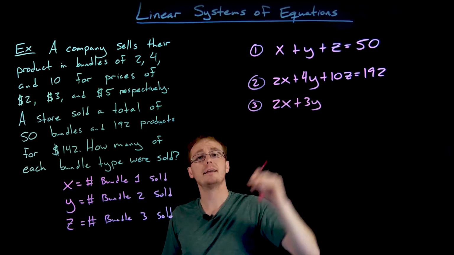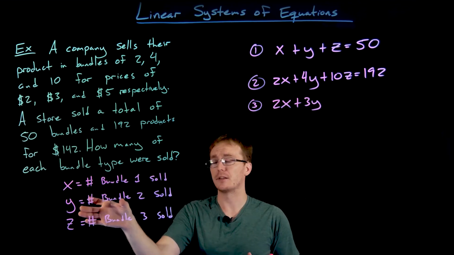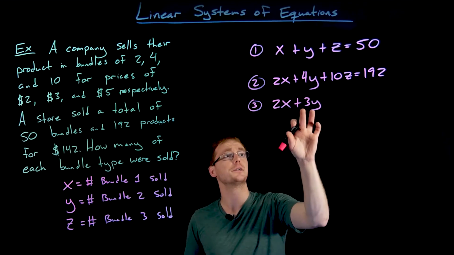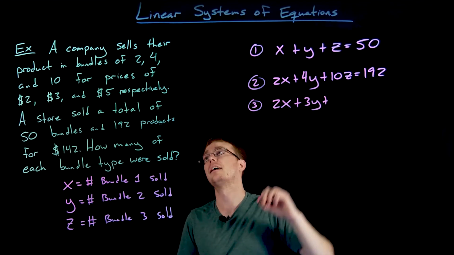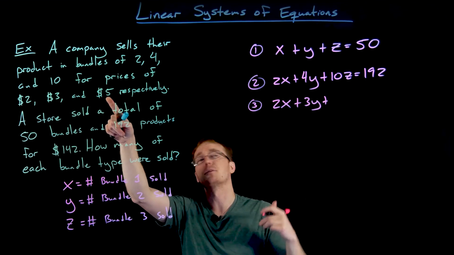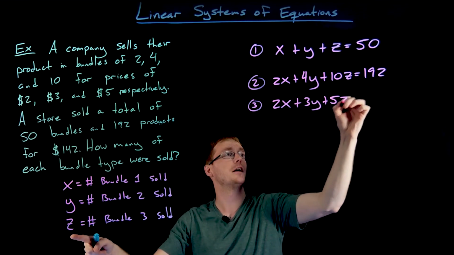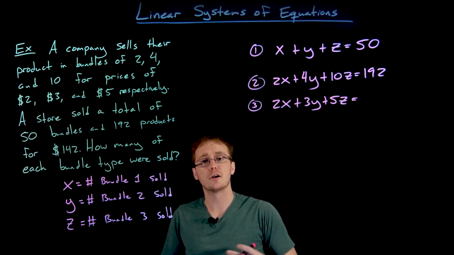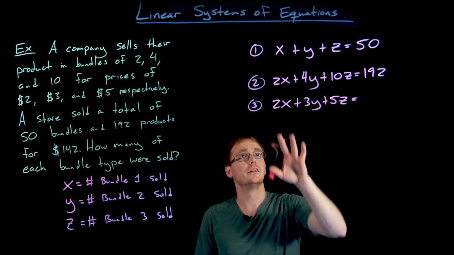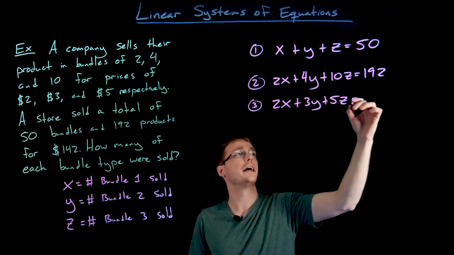So 3Y counts how much money was generated by selling these type 2 bundles, $3 per bundle. And then the last term is going to be the amount of money coming from the third bundle type. Those were $5 each, and we're selling Z of them. So the total money from those is going to be 5Z. And so if we add up all the money, we have to add up to 142.